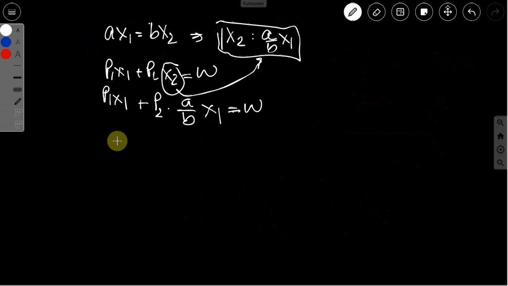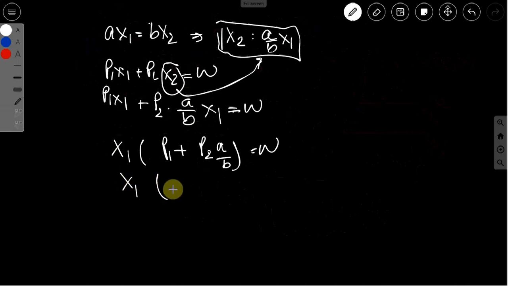So now x1 times (P1 plus P2 a over b) equals w.